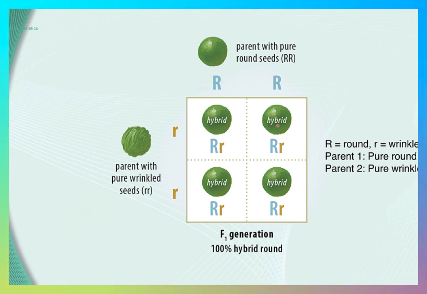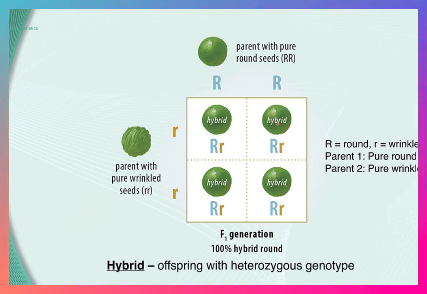All 4 of these will show round seeds, but they will all be hybrids, meaning they will also have the gene for recessive wrinkly seeds. So this hybrid is an offspring with heterozygous genotype that expresses the dominant phenotype of round seeds.